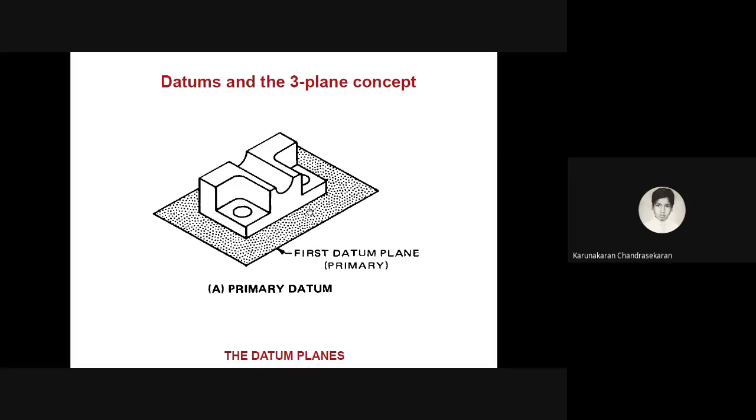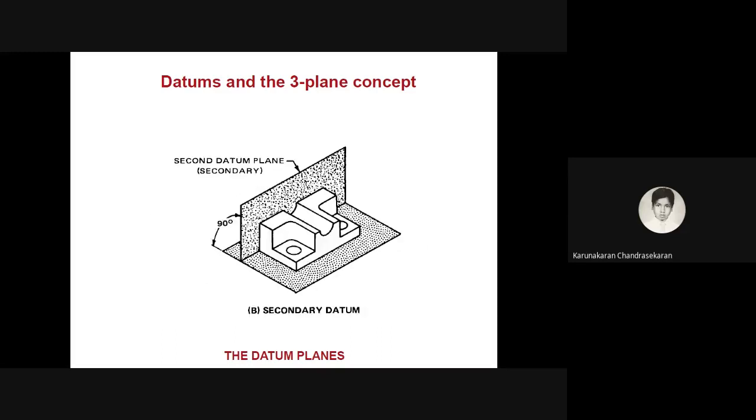For the primary datum plane, how many contact points are allowed, similarly for the secondary plane and third plane. And when we refer to 2615, they have exactly given that the primary datum means you should have 3, 4, 6 points. So when we go for designing, we should remember this particular point.